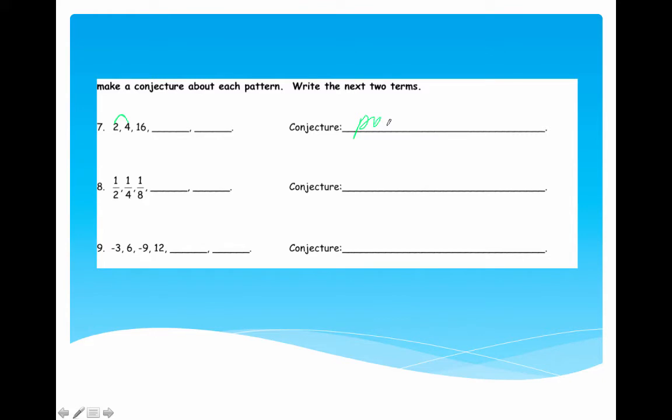So previous term squared would be our conjecture about what the pattern is. And at any rate, it fits so far.